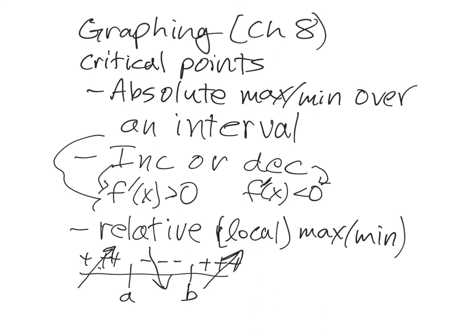After B, we'd have an increasing function. So, would we have a local maximum? Yes, at A. Local maximum at A, increasing and then decreasing. And what could we say about B? It's a local minimum, decreasing and then increasing.